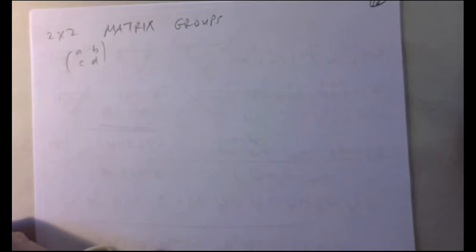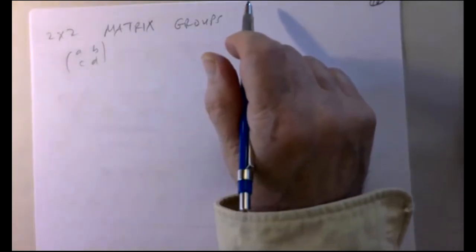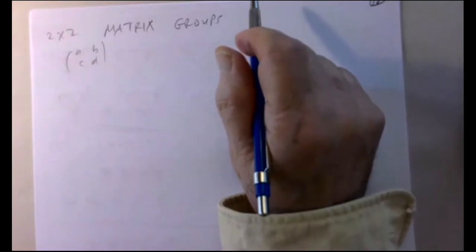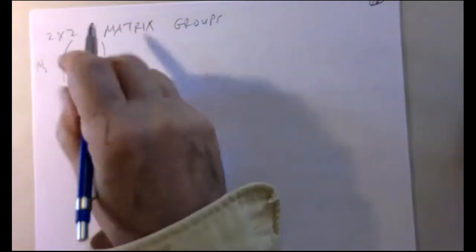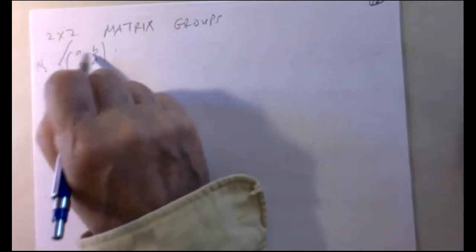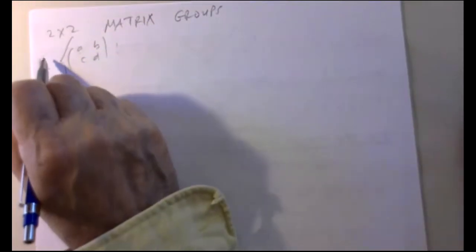What's more interesting is multiplication. And the set of 2 by 2 matrices, I'll call it M sub 2. It's this set. But the coordinates, the A, B, C, and D, they could be integers, they could be fractions, they could be real numbers, complex numbers.